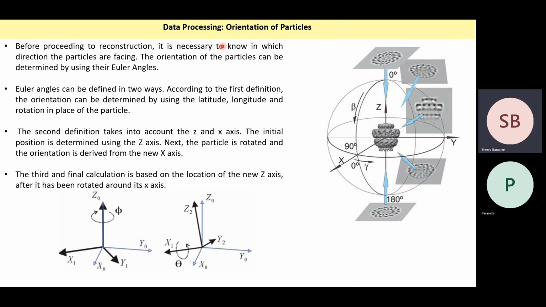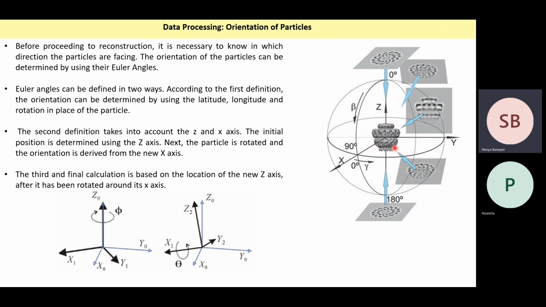So the orientation of particles is described in several ways, which are mainly called Euler angles. So Euler angles are defined in two ways. According to the first definition, the orientation can be determined by using longitude and latitude and rotation.